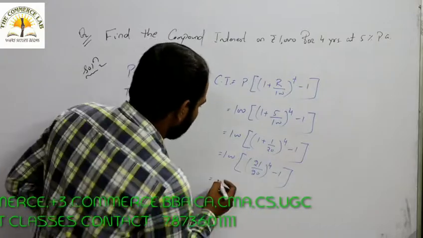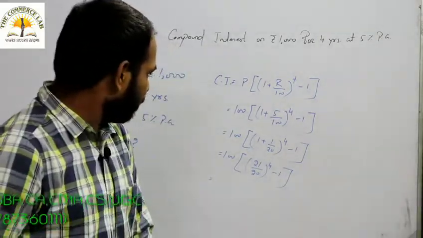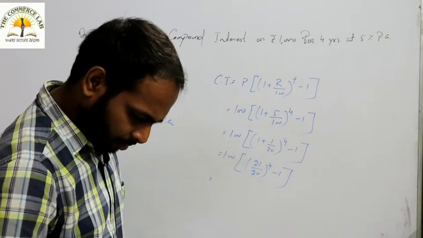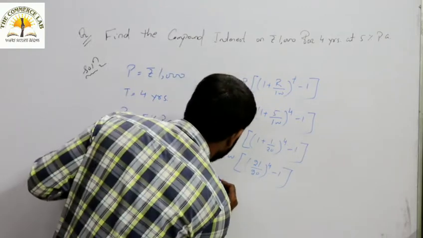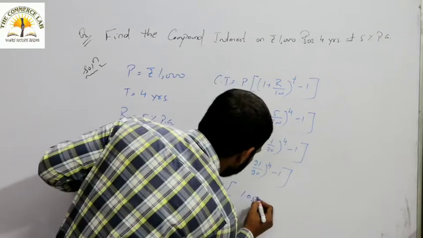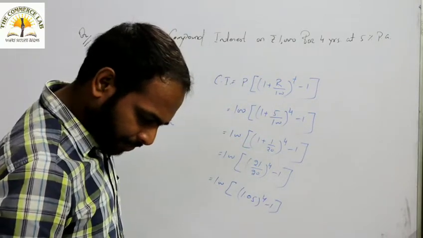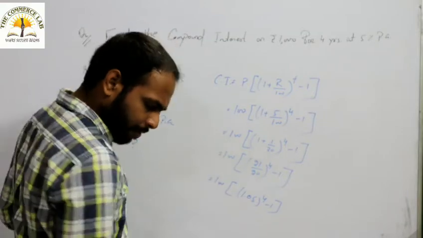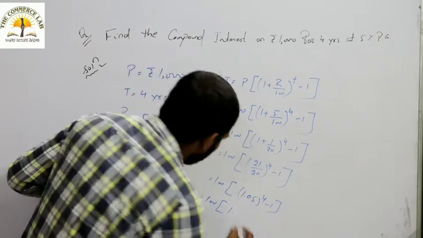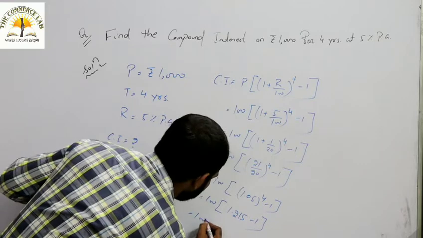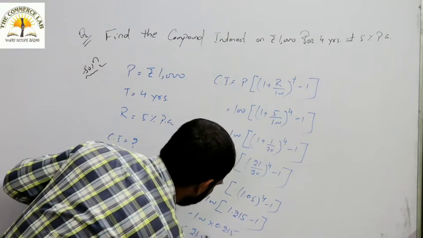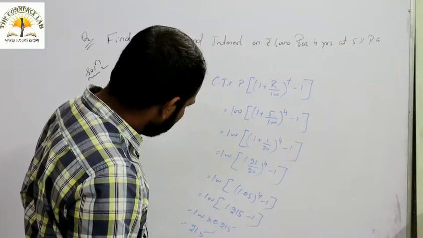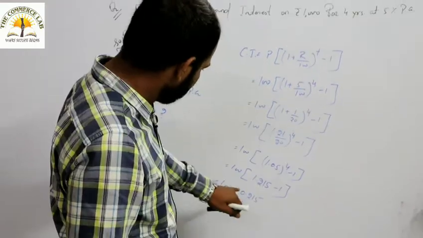Then 21 by 20. Using the calculator, 21 divided by 20 is 1.05. 1.05 to the power 4 minus 1. 1.05 to the power 4 is 1.2155 approximately, minus 1 is 0.2155.